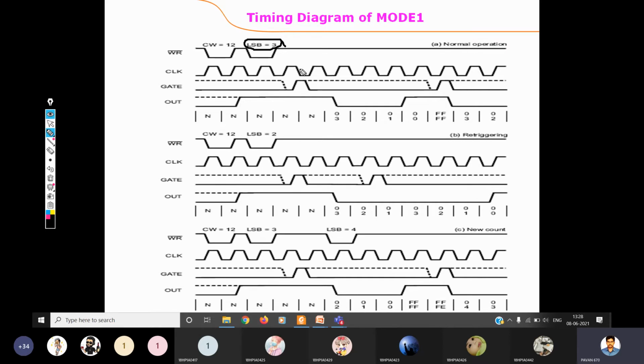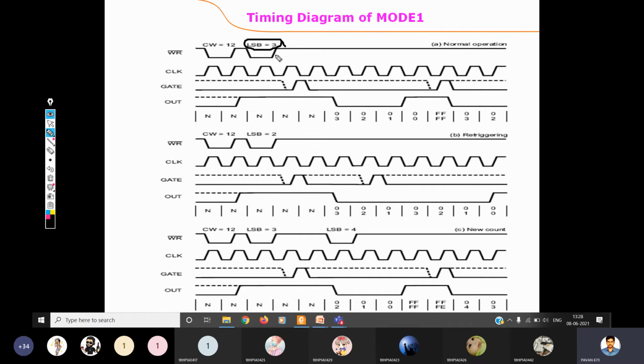But if you observe carefully, the gate signal got triggered randomly at this time, so it will take another clock cycle to come into effect. Generally, if the gate signal is triggered before the loading of this value, then after the immediate negative edge, the counting will start.